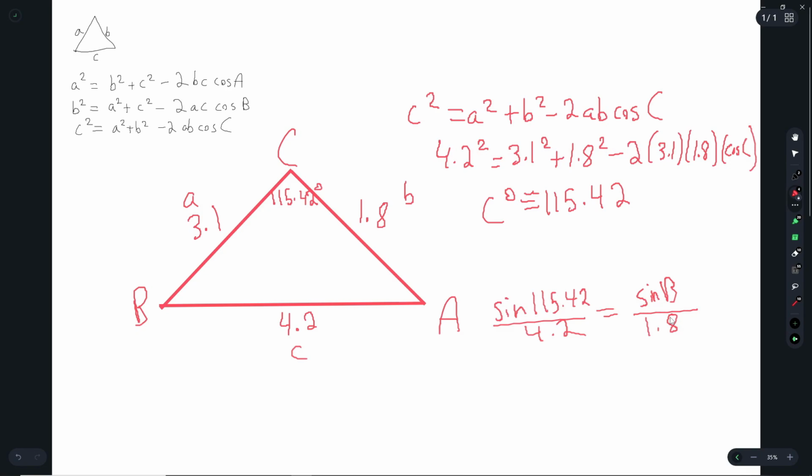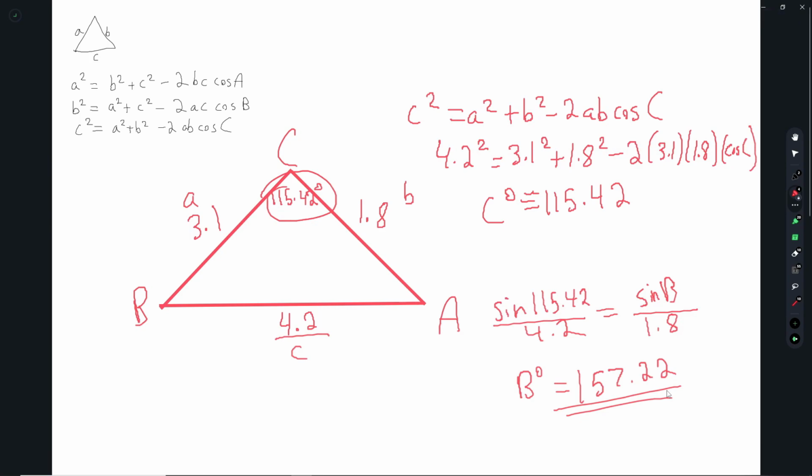So on the calculator, sine 115.42 over 4.2 is equal to sine x or B over 1.8. So B will equal 157.22. This is obviously not the right angle because if this is 4.2 and this angle is the greatest angle, because the triangle is 180, this cannot be 157.2.